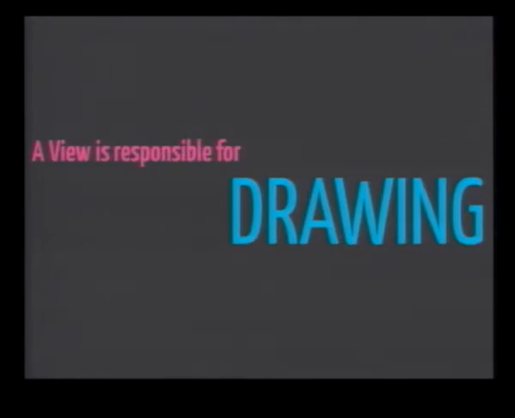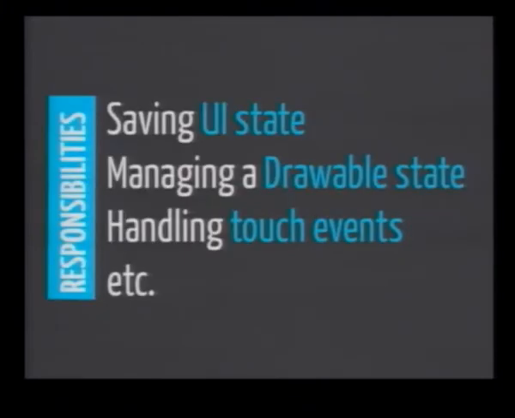But a view is more complicated than that. It's responsible for a bunch of other things, and that's probably why the View API is so verbose. It contains lots and lots of methods. Personally, I think this is the class in the Android SDK that contains the most APIs, besides Activity maybe.